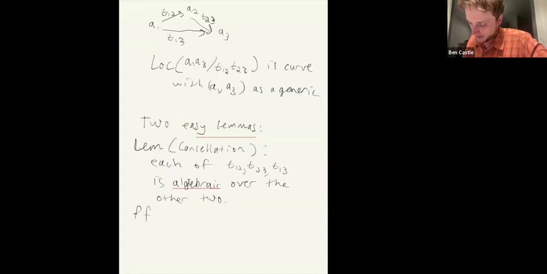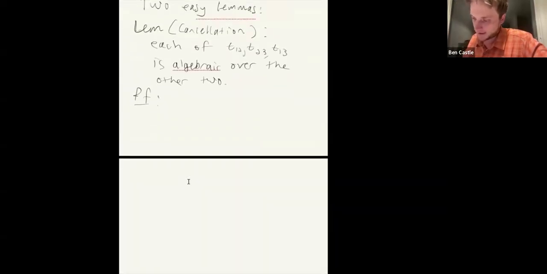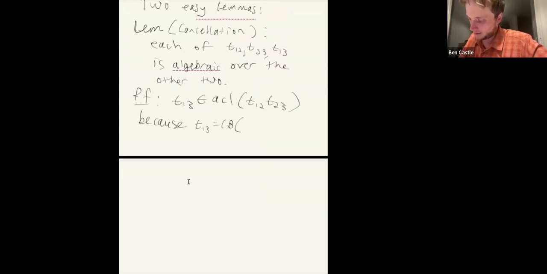And I'll just sketch approximately why this is. Well, first of all, T13 is in acl of T12, T23, because it's a canonical base of something which is defined over T12 and T23. So T13 equals CB of a point over there. Now that's some abstract way of saying it. Let's make it a little bit more explicit.